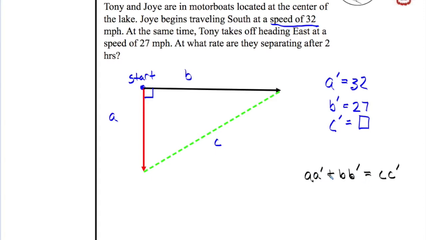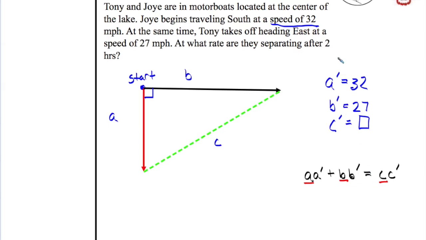We have A prime, B prime, trying to find C prime, which means we need to find A, B, and C. We have 3 things we have to find. Plug in 2. Why are we plugging in 2? Oh, 2 hours. We haven't used that information yet. So somehow we're going to use this 2 hours to figure out A, B, and C.